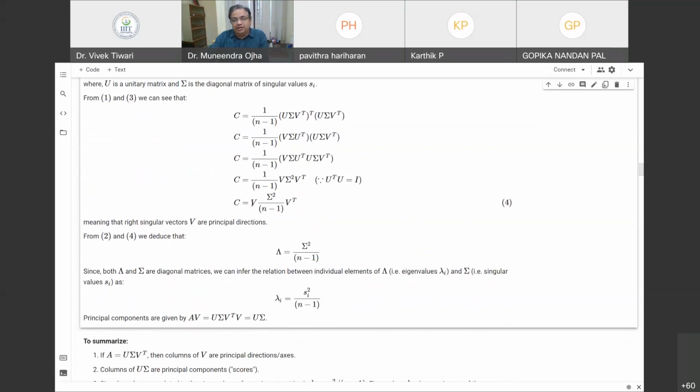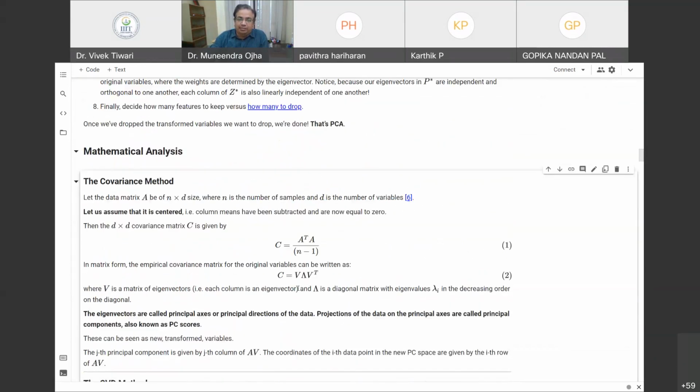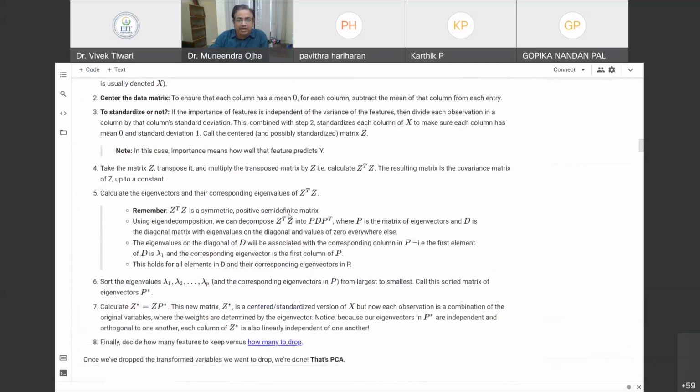If I call the middle term lambda, like here I have called it lambda, then the middle term is lambda and the third term is V transpose. So it is basically back to the format where I had started.